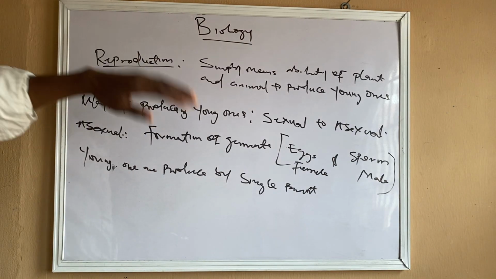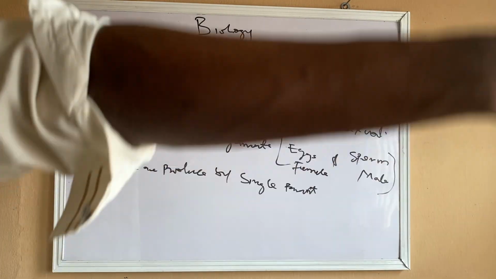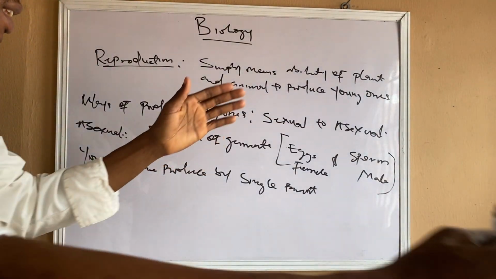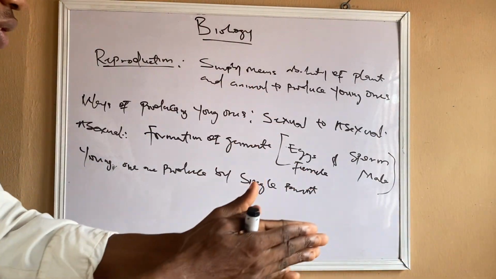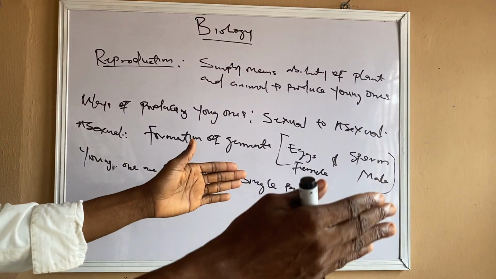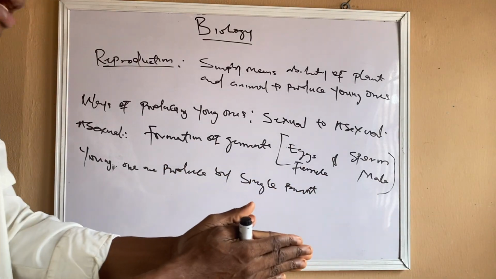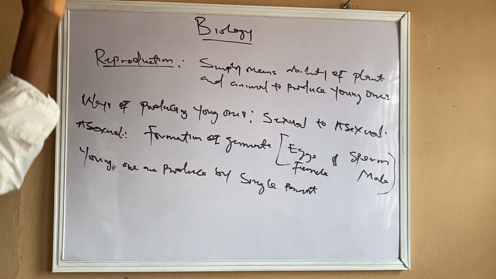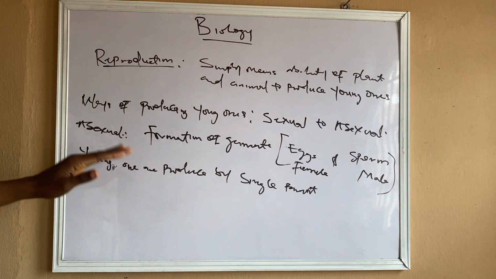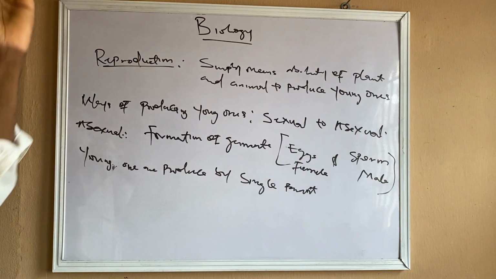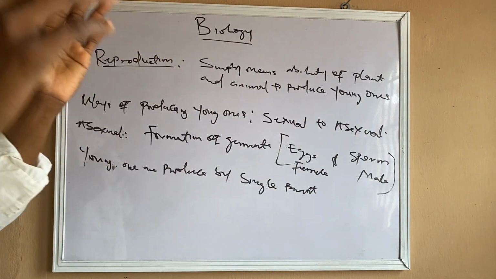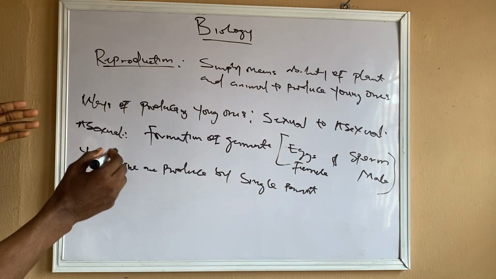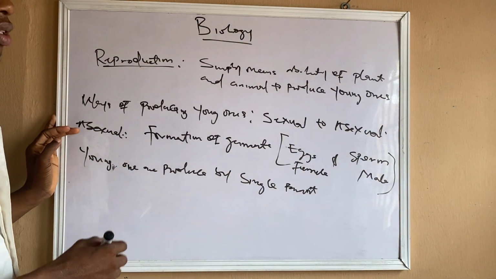There is no formation of gametes at all. It is not that a male will stand, a female will stand, and there is a combination of female and male, bringing together two parent gametes, which we have discussed in mitosis and meiosis. But here in asexual, only one single parent is involved.